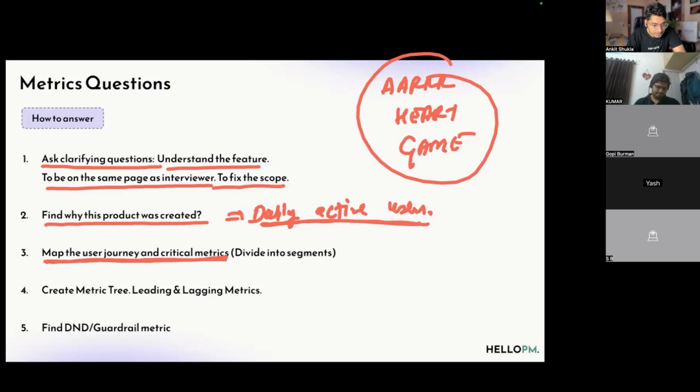Okay. After this, map the user journey and critical metrics. Super important. This is the important part. You have to understand what is the journey that the user is going to follow while using this product. They are going to open WhatsApp, they are going to put a story, then people are going to see that story. Then they are going to go ahead and watch how many people have watched the story.